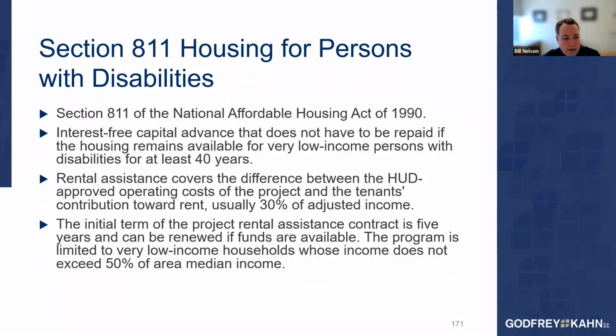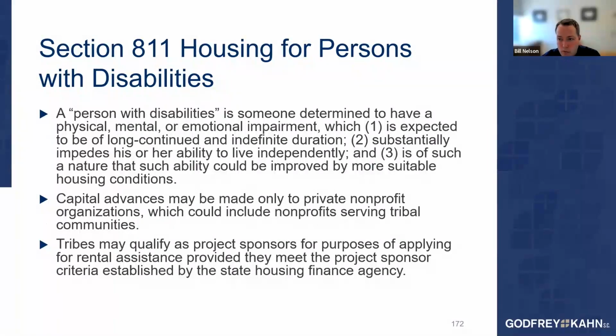But key to that, there are definitions that you should be aware of, whether this is a program you want to go with or you have eligibility here. And that is the three-part definition of a person with disabilities. One, it has to be someone determined to have a physical, mental, or emotional impairment that is expected to be of long, continuing, or indefinite duration.